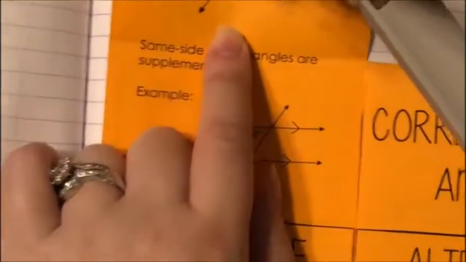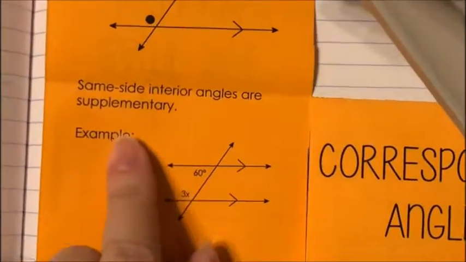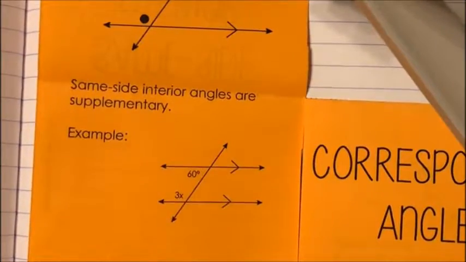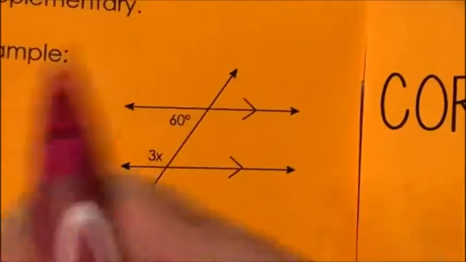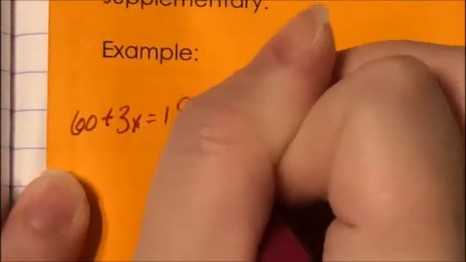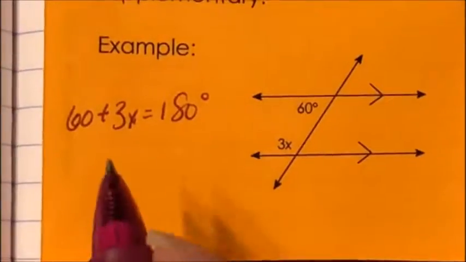So same side interior angles are supplementary. Remember, supplementary means they add up to 180 degrees. So I have 60 and 3x. So if I add these together, 60 plus 3x equals 180 degrees, because they're supplementary.